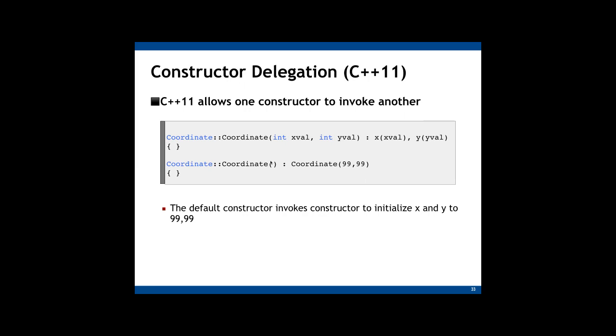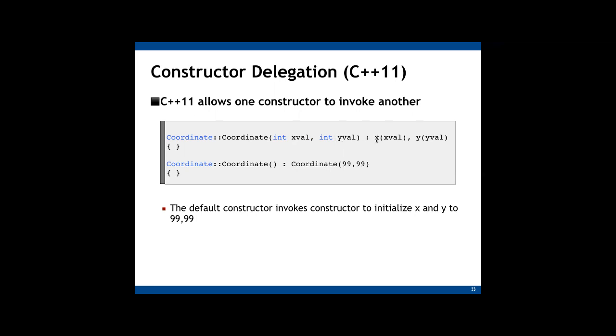If you look at this example, the default constructor calls another constructor which takes 2 int values.